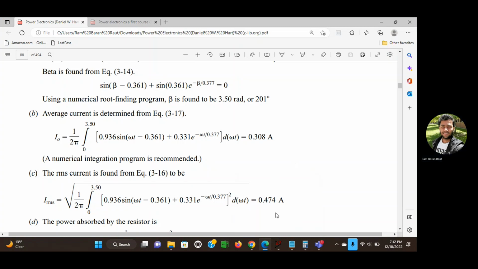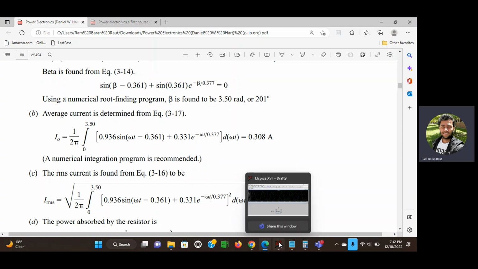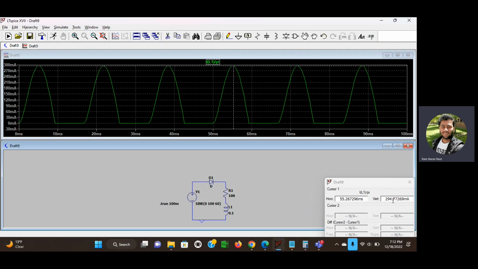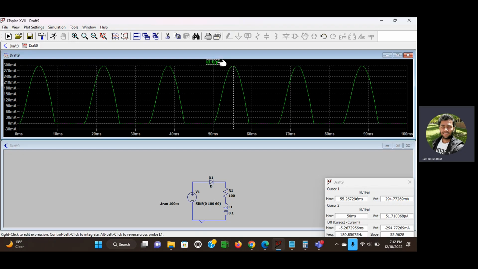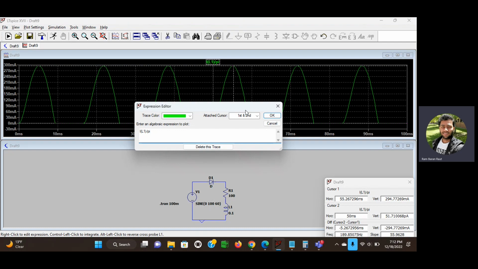To find IRMS, we already have the average current. We can go over here. We don't need two cursors, we just need one cursor. We can delete the divide by pi.